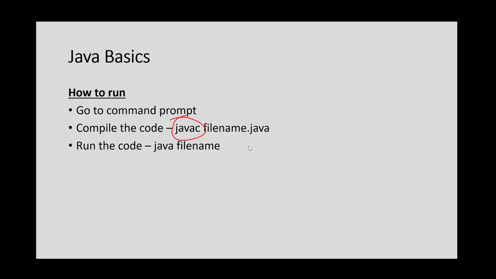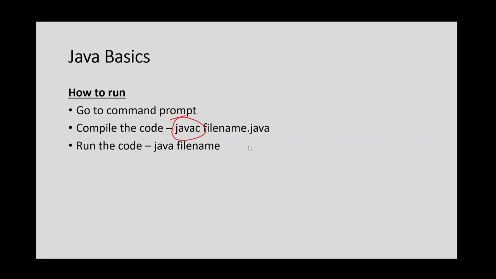Apart from that, if you try to write the command javac in the command prompt, then it may say unrecognized command. So before using this command, you have to make sure that you have installed the JDK. After that, after compiling the code, we'll be having javac filename.java.